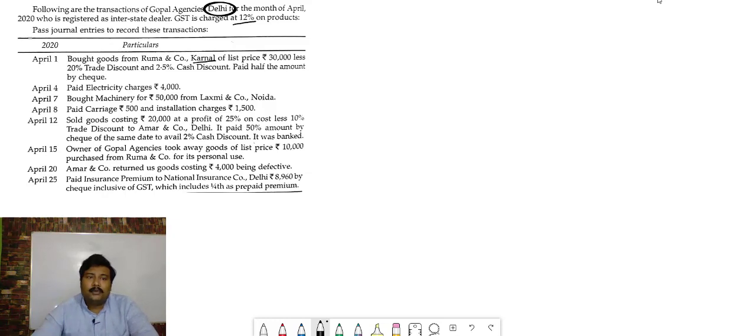So pass the entry. Bought goods from Ruma and Company, Karnal, of list price 30,000 less 20% trade discount. First we pass purchase account debit. IGST will be charged, so input IGST account debit. Why do we not open CGST and SGST? Because it is not intrastate, it is interstate.